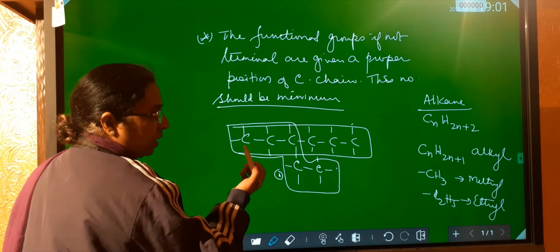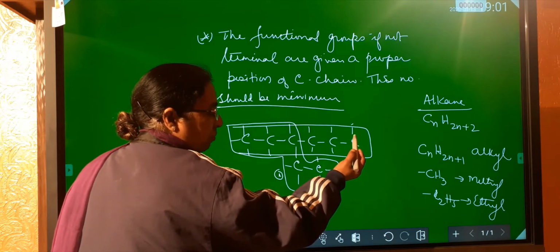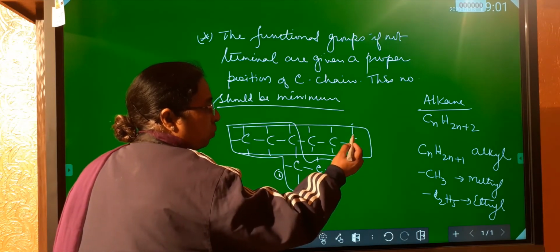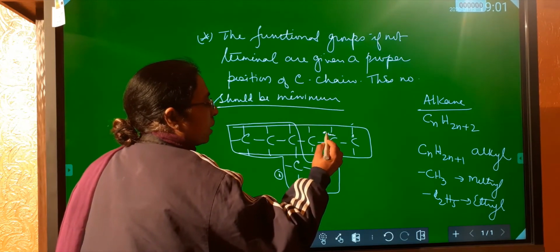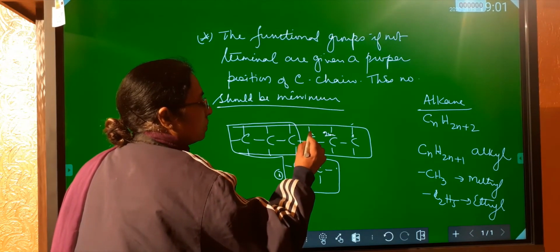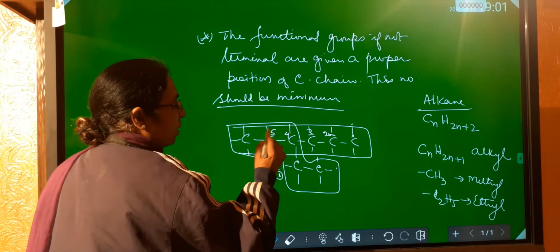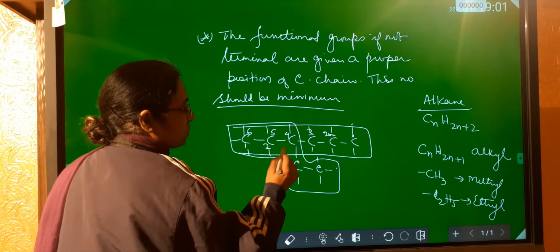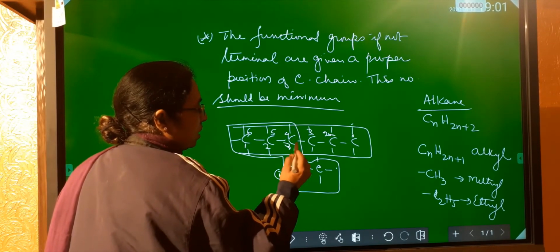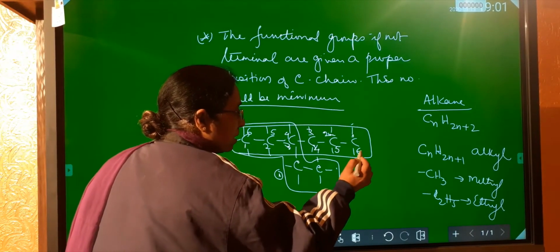And what names will I be giving over here? See, if I begin the numbering from here, then this will become 1, 2, 3, 4, 5, 6, and if I begin the number from here, then this becomes 1, 2, 3, 4, 5, 6.